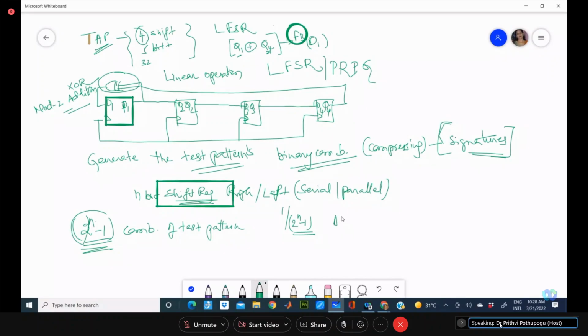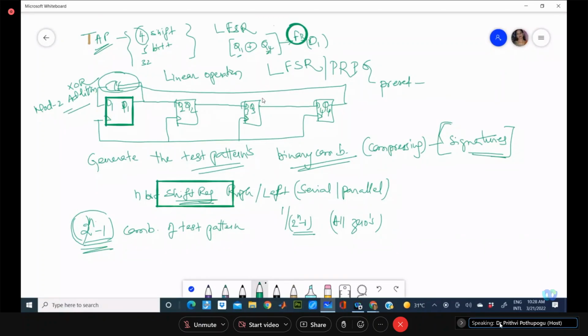All zeros were not possible with this setup, because we were taking the pattern with the use of the preset element, presetting one of the flip-flops, and trying to generate 2 power n minus 1 combinations. Okay, that was the thing.